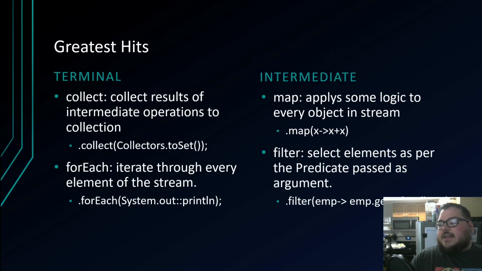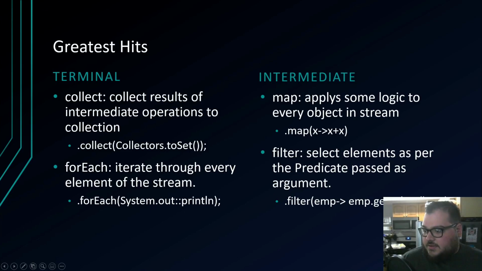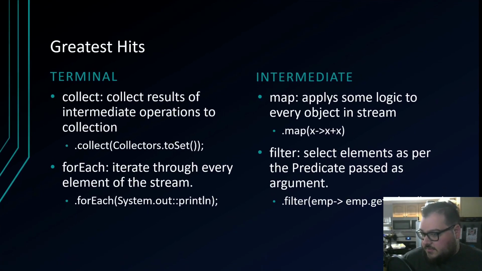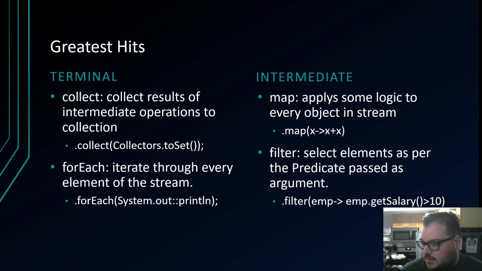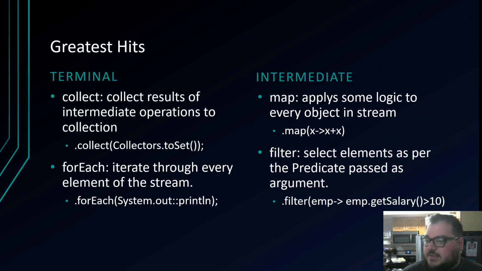Getting into the greatest hits, these are ones that I use on a day-to-day basis. From the terminal side, we have collect and forEach. Collect basically collects the results of all the intermediate operations to a collection.